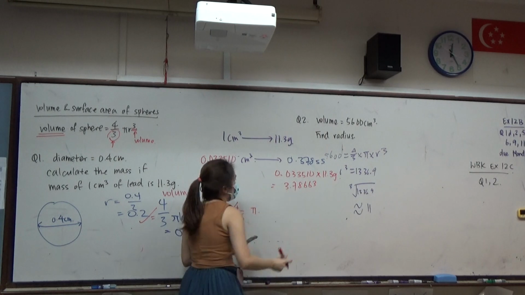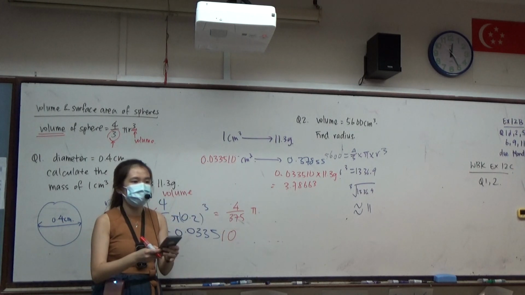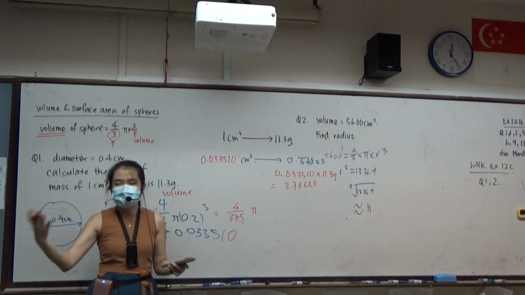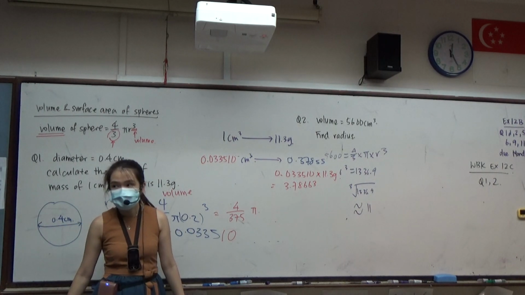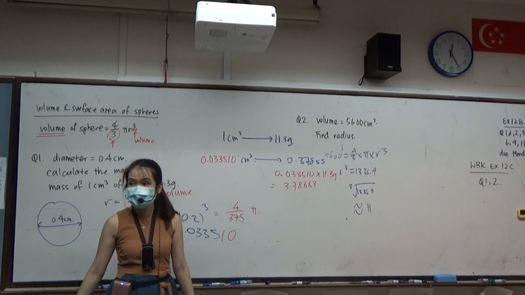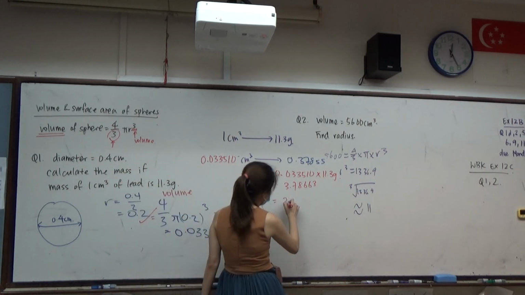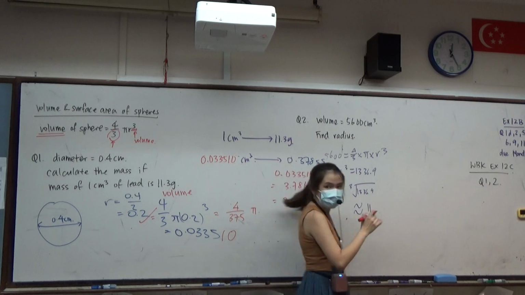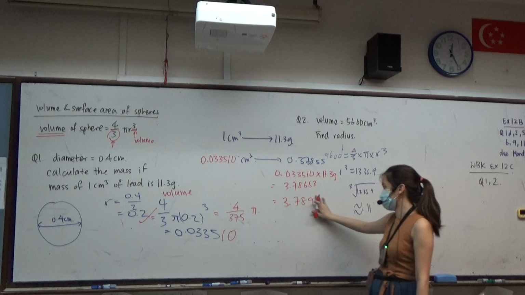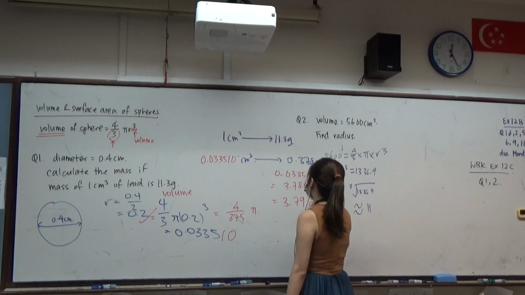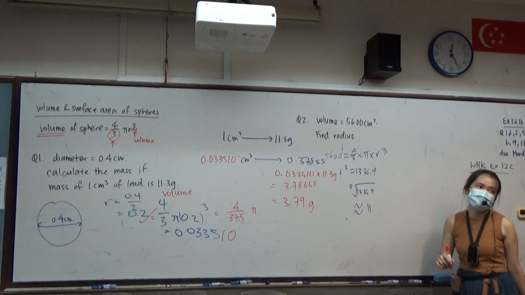When rounded to 3 sf, we should be getting the answer as, Peter, finish it up. 3.79. Are you sure? So the answer is 3.79 grams.